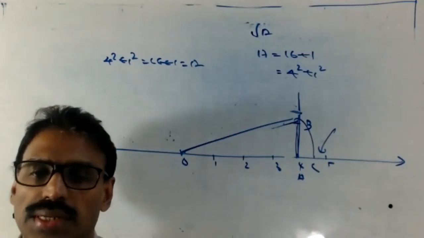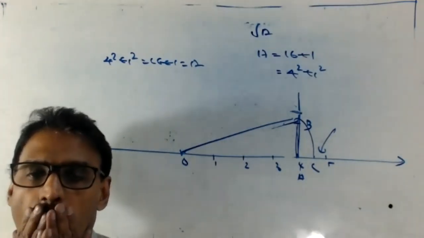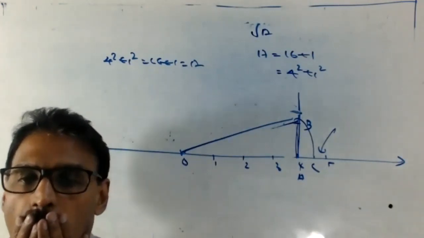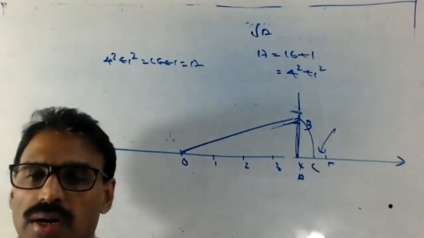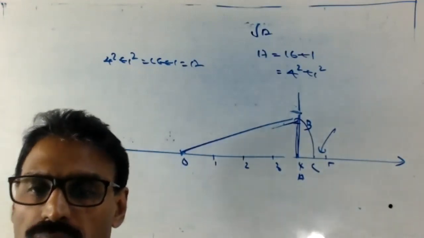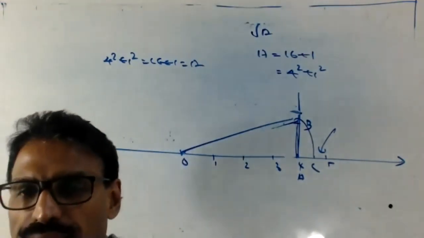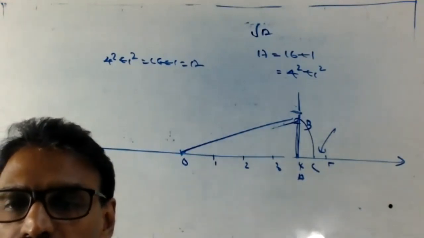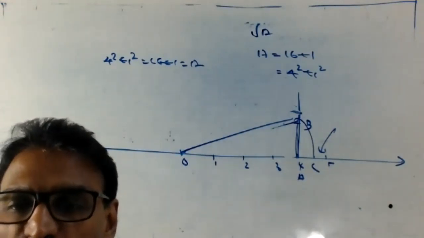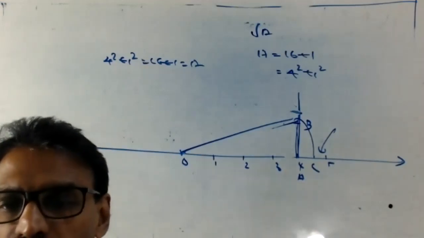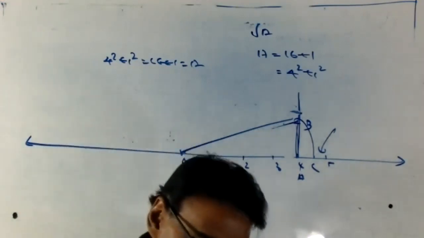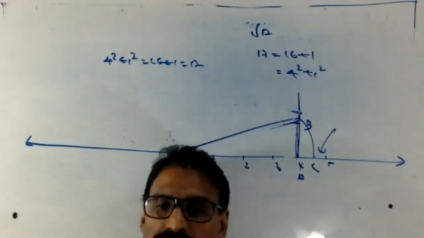You don't have doubt about 13. That is no problem. 1 square plus 4 square, 1 plus 16, there's no issue there. 3 square plus 2 square, how much? Yes, 13. I'm talking about 13. That's no problem.